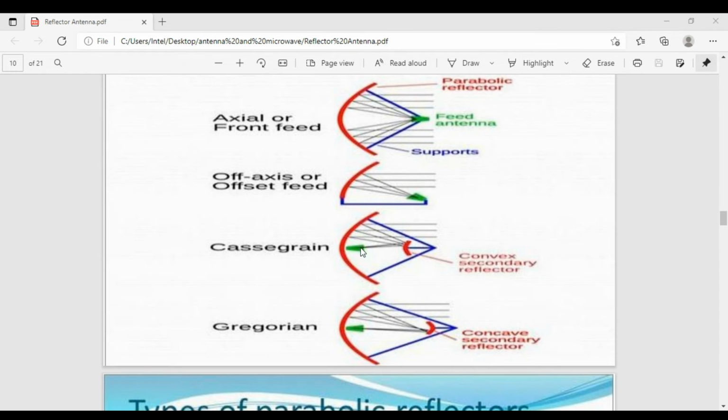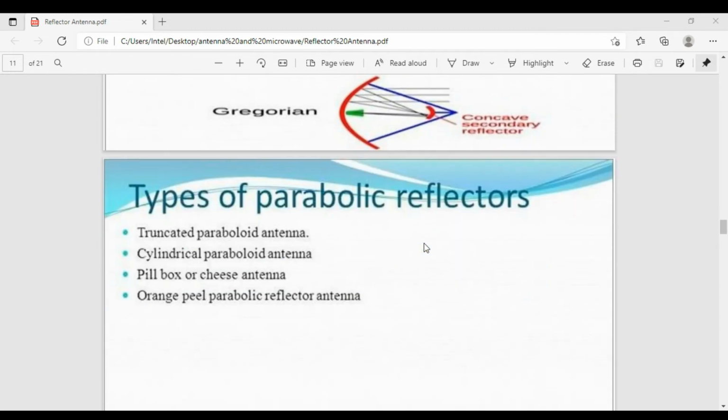So spillover and back lobe radiation are the two drawbacks. In order to avoid those two drawbacks, the F by D ratio should be considered while constructing a reflector antenna. These are the important points in designing a reflector antenna.